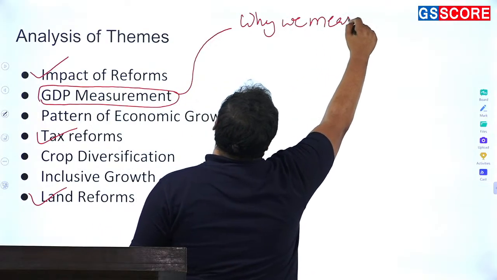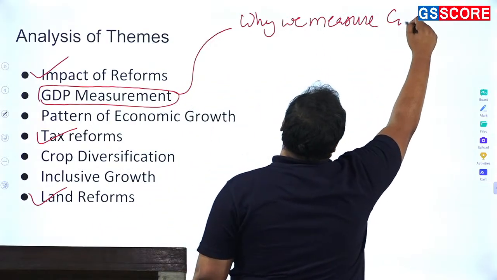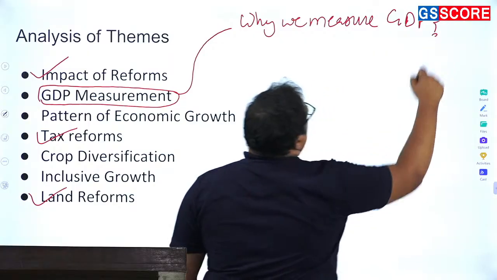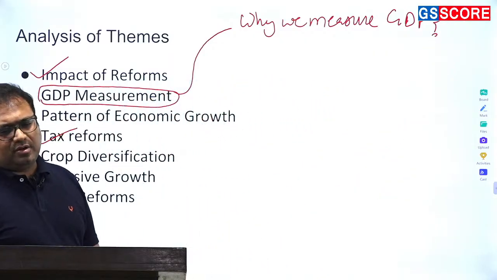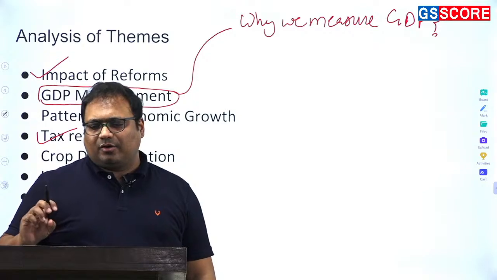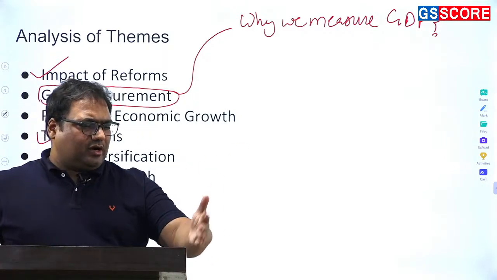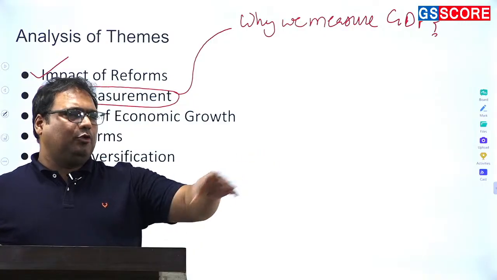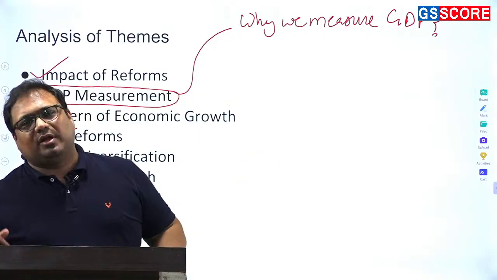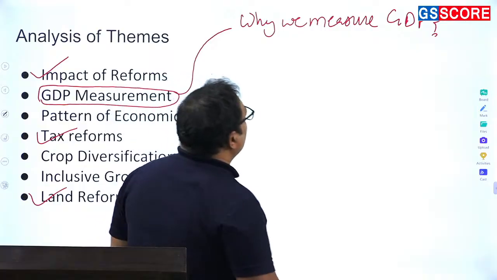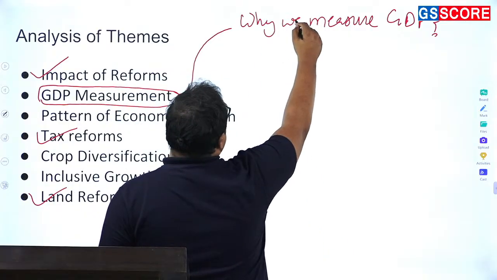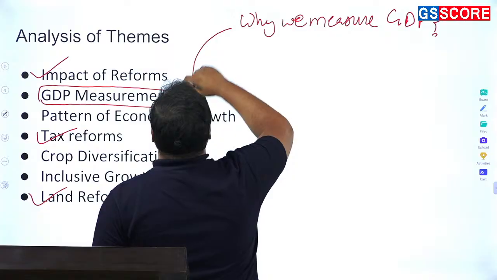First of all, why do we measure GDP? What purpose do we want to solve by measuring GDP? Okay, because we want to target growth. And growth you can calculate only when you know the current GDP and the last year GDP. Then only you can compare how much we grew this year. Why we measure GDP?